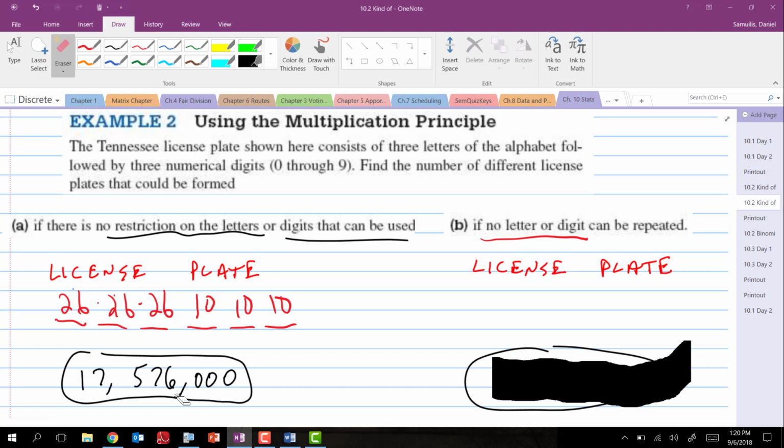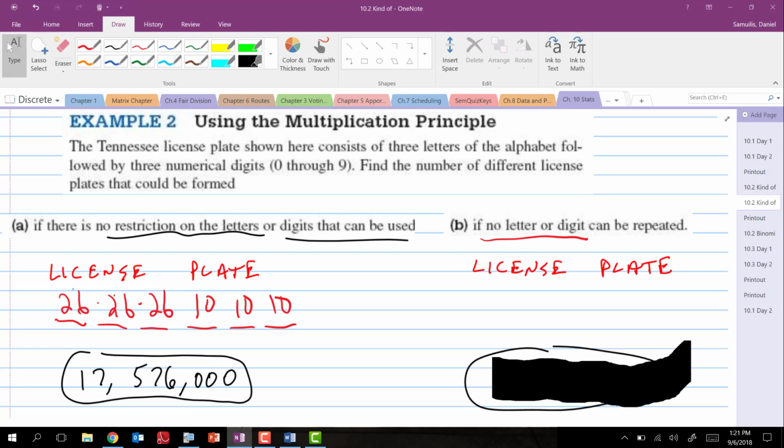I doubt that's enough for Illinois, not even close. So that's why Illinois has 7 spots, and I think all of them could be digits or numbers. So if that were the case, it'd be 36 times 36 times 36 times 36, and so on, which would be a huge amount of possible license plates, right? Make sense? Because if I could have a digit or a number, I have 36 possibilities for each one.